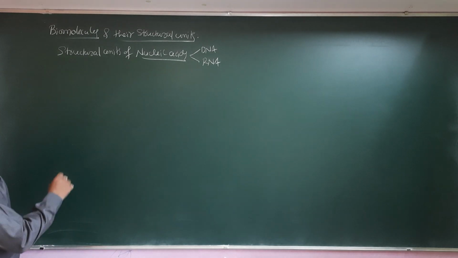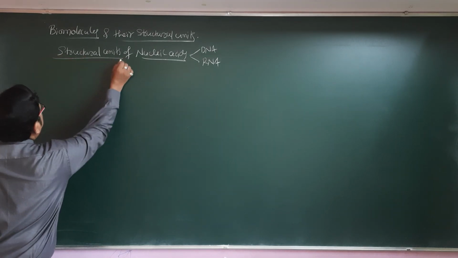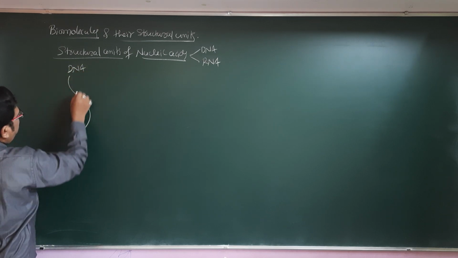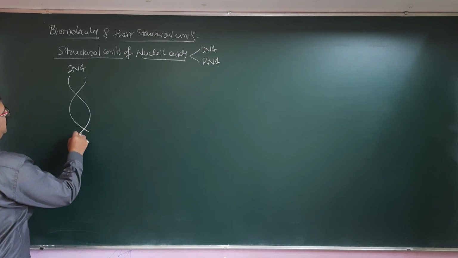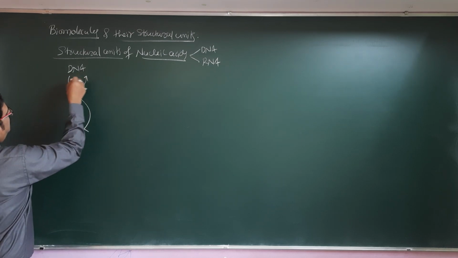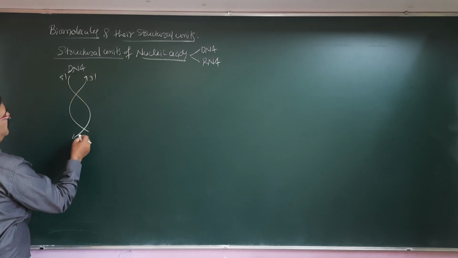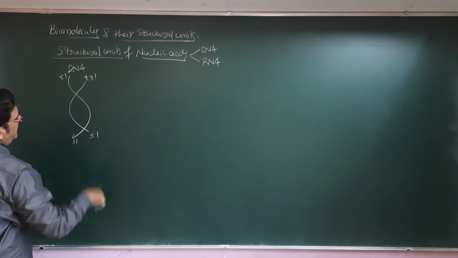So consider the DNA itself. The DNA is like this. Here it is 5 prime and here it is 3 prime, and here it is 3 prime and this is 5 prime.